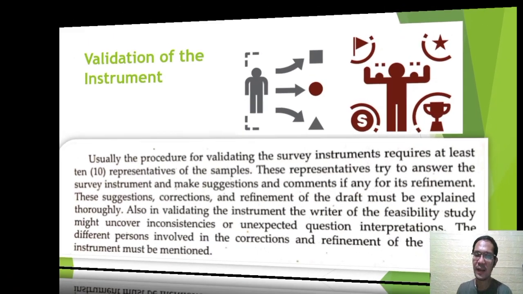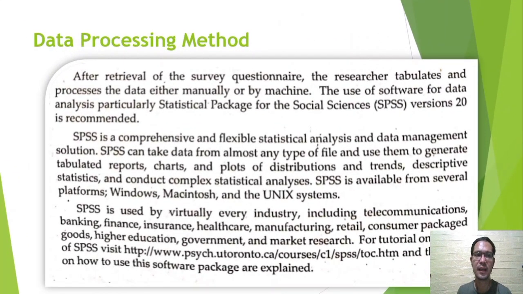So, let's proceed to the data processing method. So after the retrieval of survey questionnaire, the researcher tabulates and processes the data either manually or by machine. So the use of the software for data analysis, particularly the Statistical Package for the Social Sciences or the SPSS version 20 is recommended. So this SPSS is a comprehensive and flexible statistical analysis and data management solution.